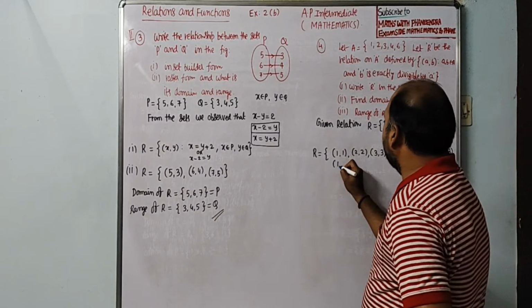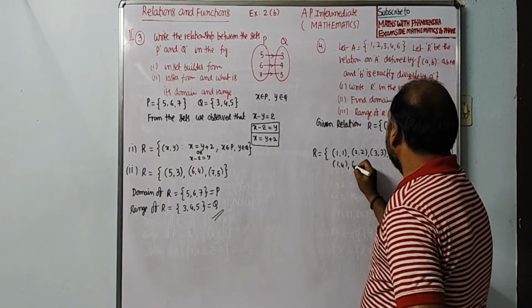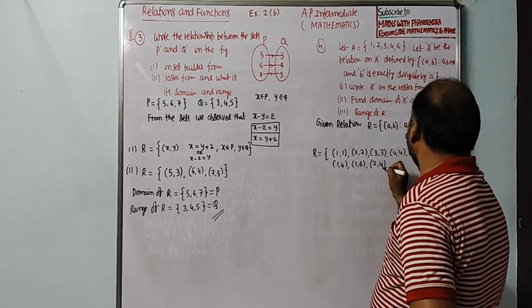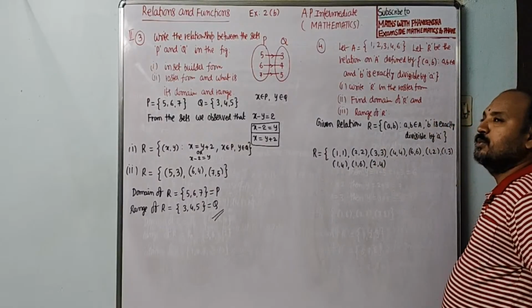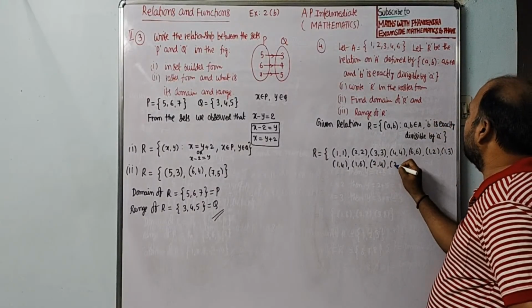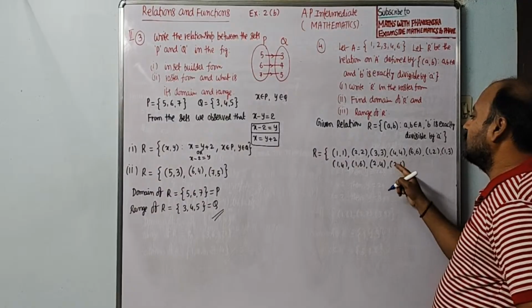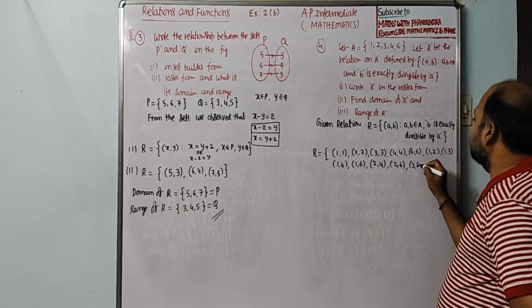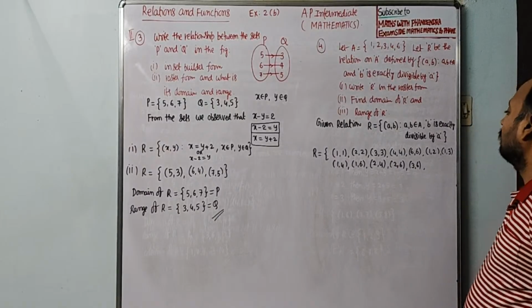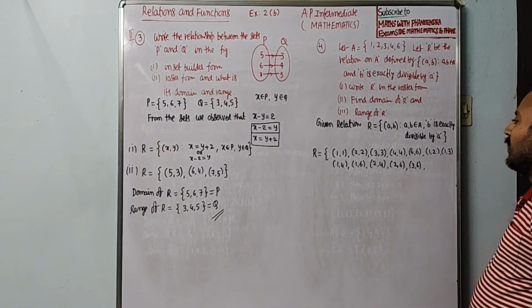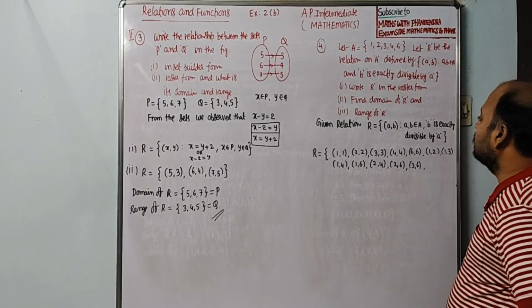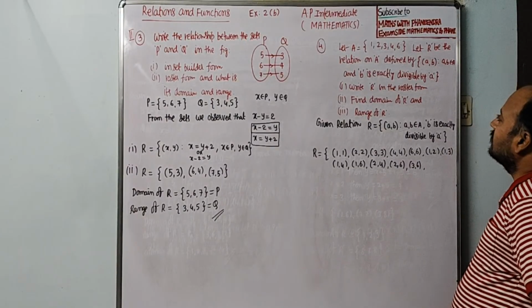Next 1 comma 4, 1 comma 6. Later 2 comma 4, 4 is divisible by 2. Next 2 comma 6, 6 is divisible by 2. Next 3 comma 6. 1 comma 3 we got already. Is there any possibility to miss?